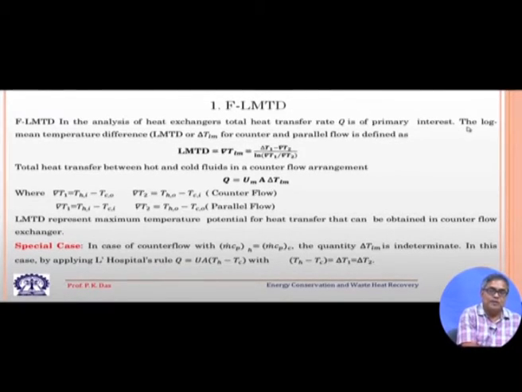By some simple analysis based on the assumptions we have made, for heat exchangers, either parallel flow or counter flow, we can get the mean temperature difference as LMTD, which is delta T1 minus delta T2 divided by log of delta T1 by delta T2.